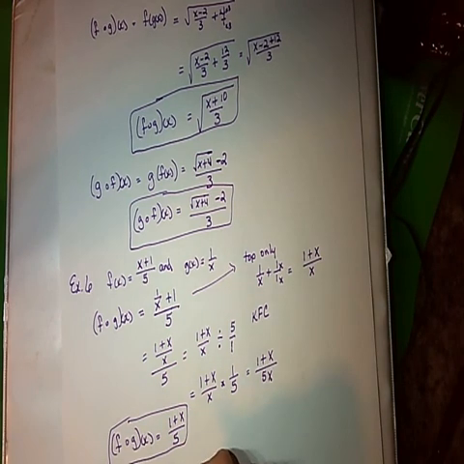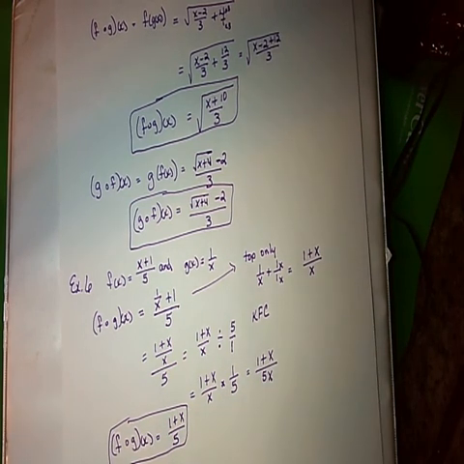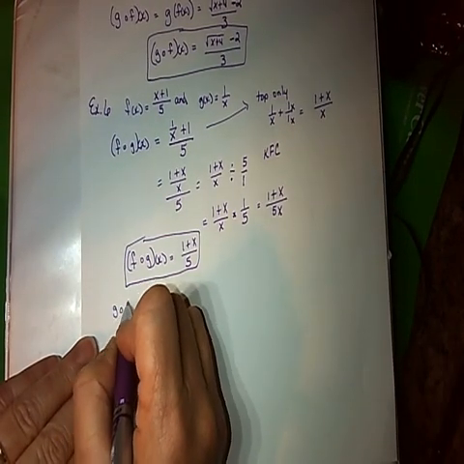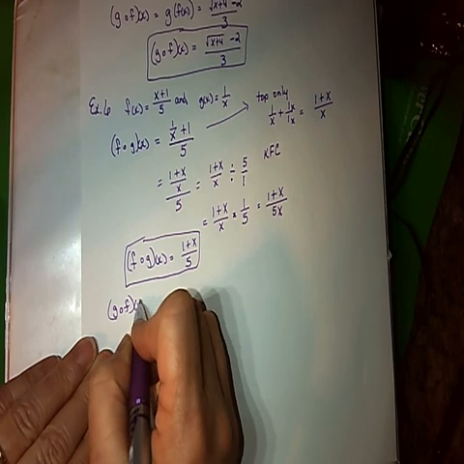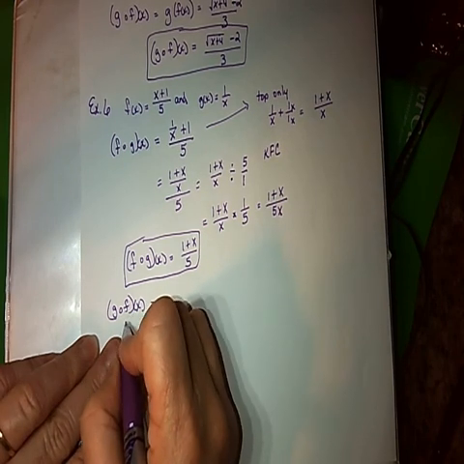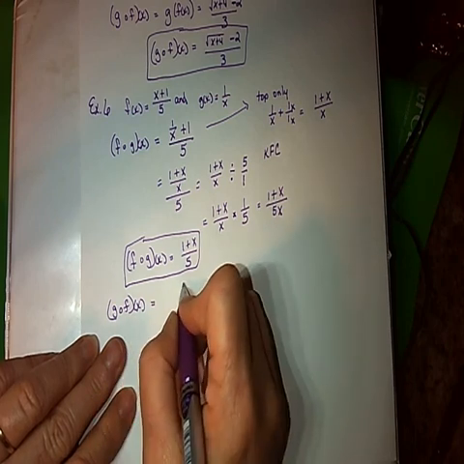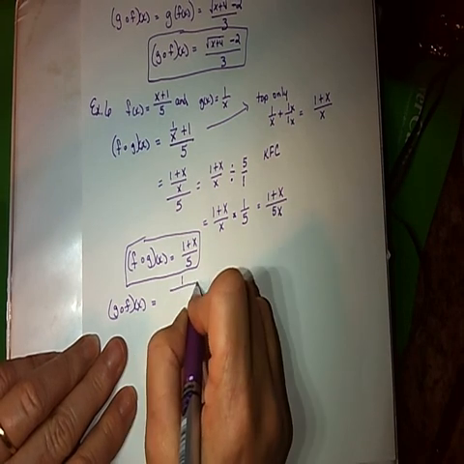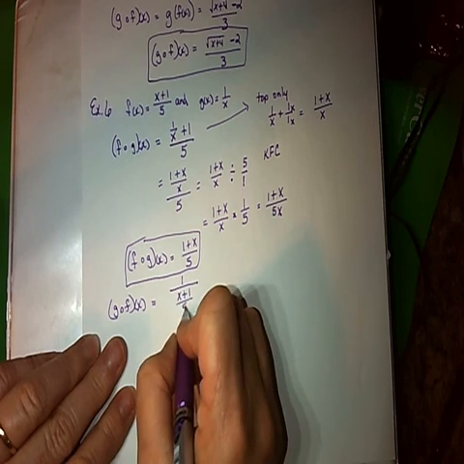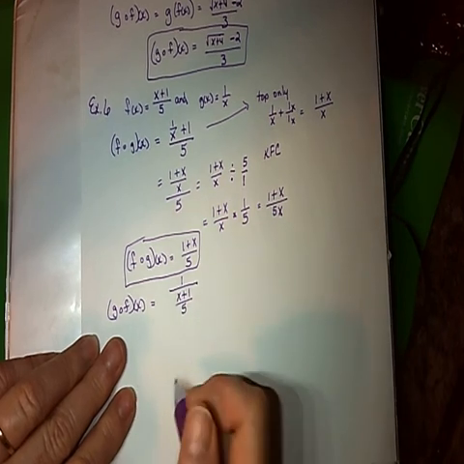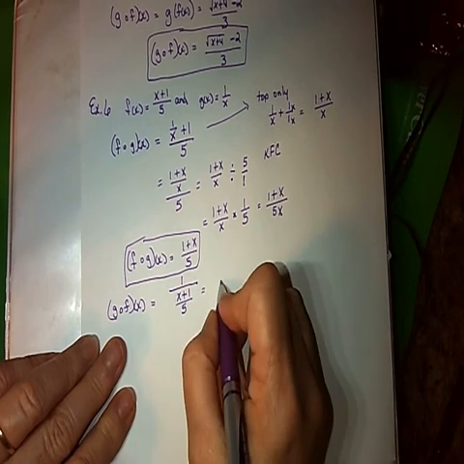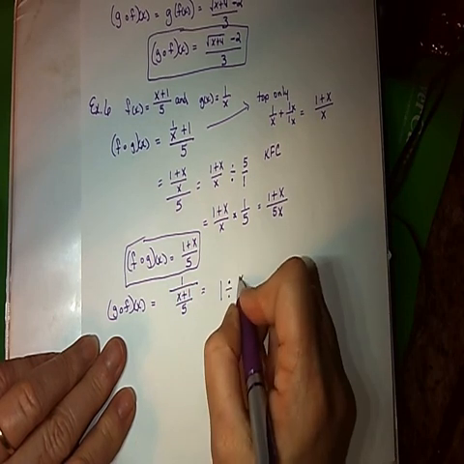Now, if I go the other way, if I do g of f of x, I'm putting the f function into the g function. So the g is 1 over x, so it's 1 over (x plus 1) over 5. Now this is already in one fraction, so I can rewrite it as 1 divided by (x plus 1) over 5.